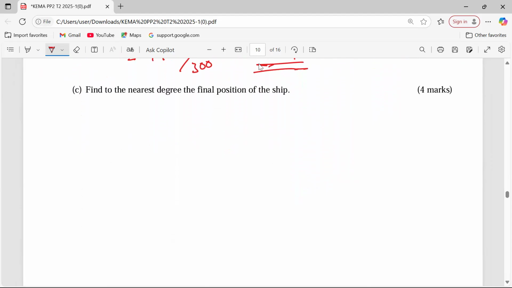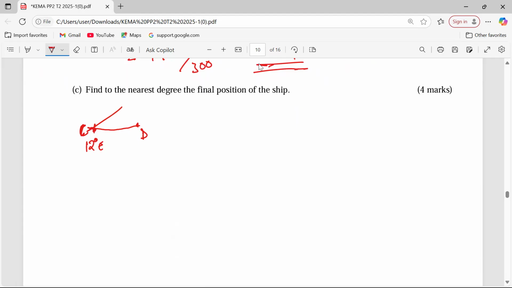In part C of this question, we are asked to find, to the nearest degree, the final position of the ship. So this ship is going to move from 12 degrees in the east, and continue moving further to the east to another point D, whereby the latitude is 25.